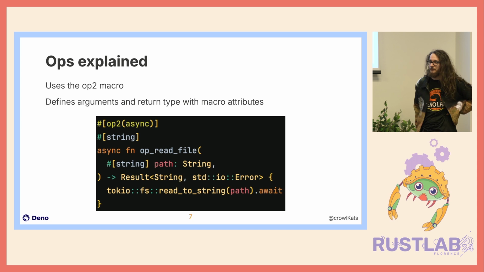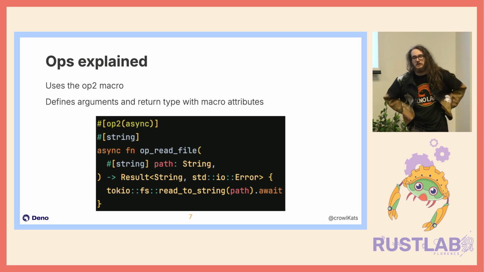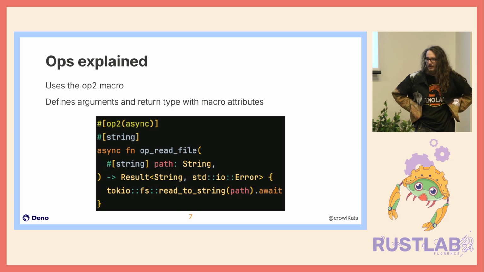So basically, if you want to pass around some state through some struct that you need to have between specific ops, it does that. And then besides string, you can also pass a vector or slice or box U8 for array buffers. There are numbers, obviously, booleans.